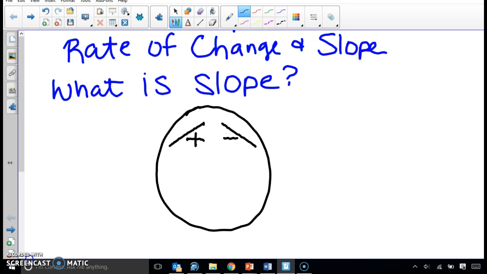Is that familiar from last year? And then draw a straight line for the nose, a vertical line like that is an undefined slope. And then a horizontal slope has a zero slope. So let's draw that in our notebook so that we don't forget.